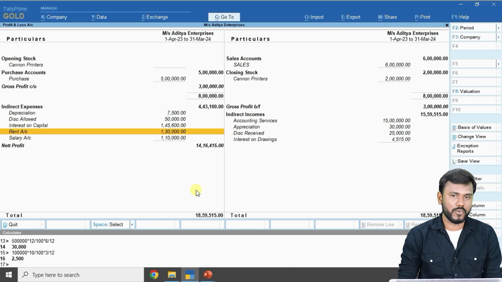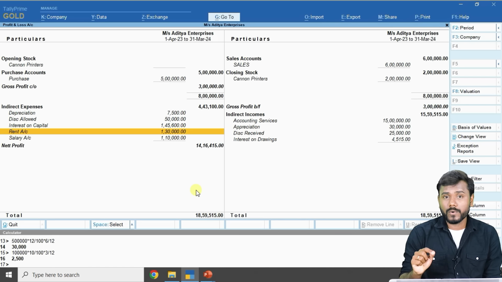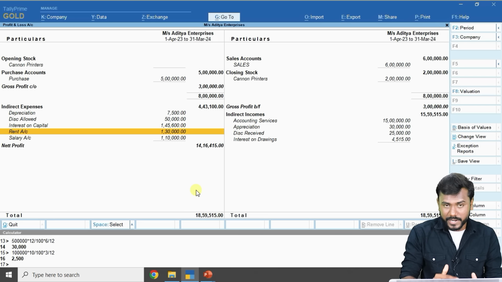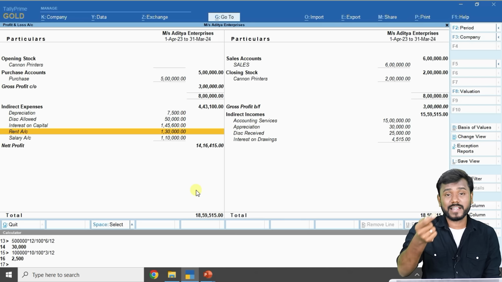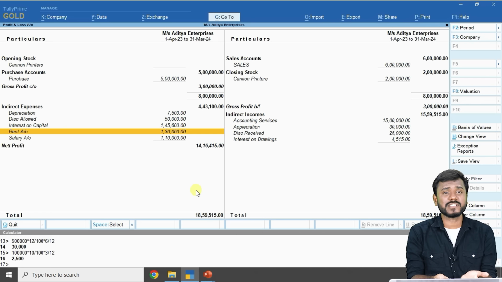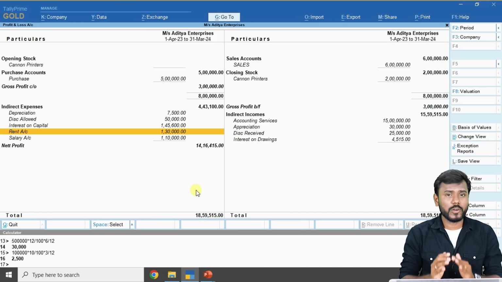This is not allowed. You are not allowed to show future expenses in the current year and reduce current profit. Again, I confirm, you are not allowed to show future expenses in the current year profit and loss account and reduce current year profit. If you book expenses, profit will be reduced, so you will pay less taxes.